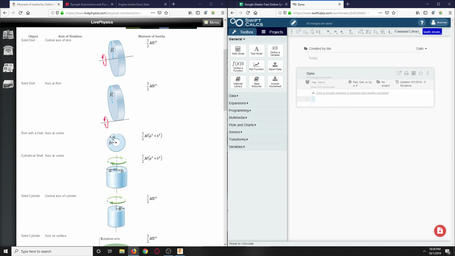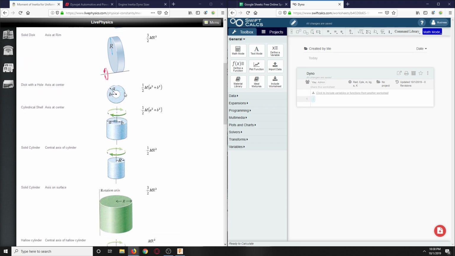Okay, so Dyno, and we have here the moment of inertia of a solid cylinder. So what we need to do is look at density, A36, and I think there's a lookup table.